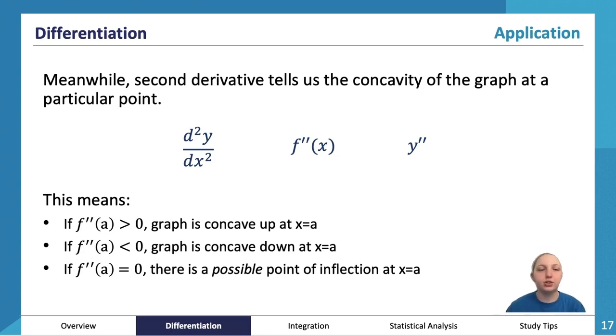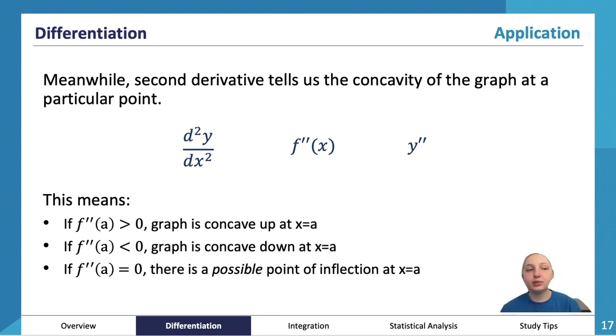You differentiate whatever expression you have first, and then just do another differentiation again. There are no special rules to finding the second derivative. You literally just differentiate twice. It gets notated as d squared y over dx squared, f double dash x, or y double dash. Whenever you see these two dashes, it usually means you're looking at the second derivative of something.